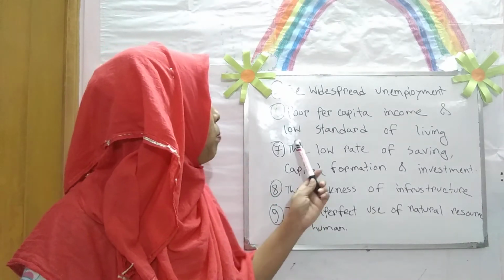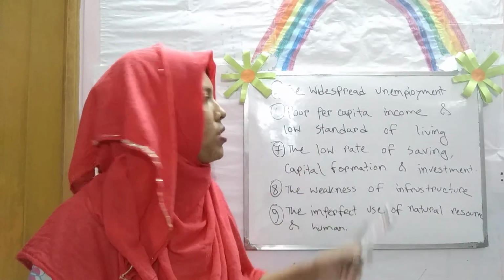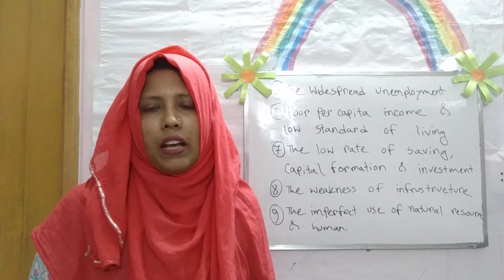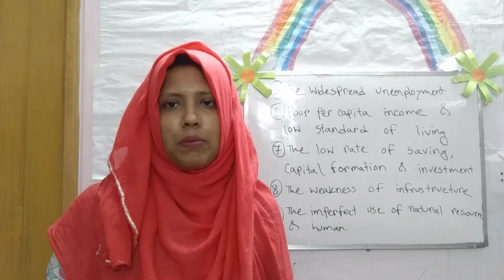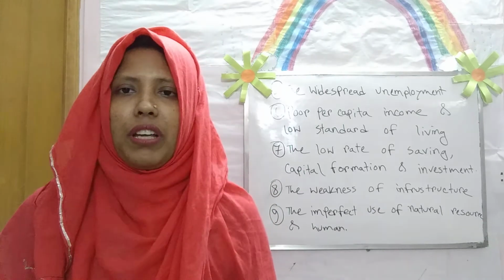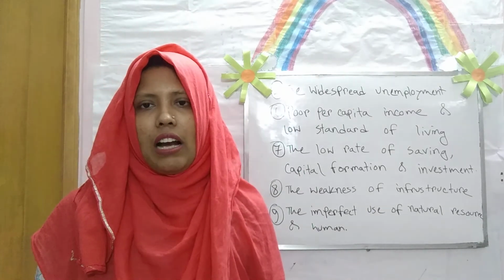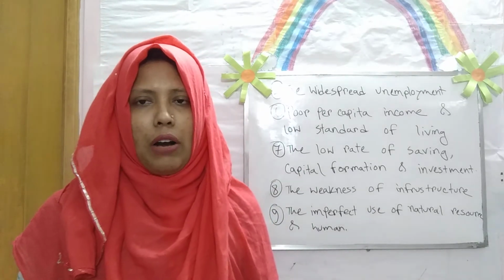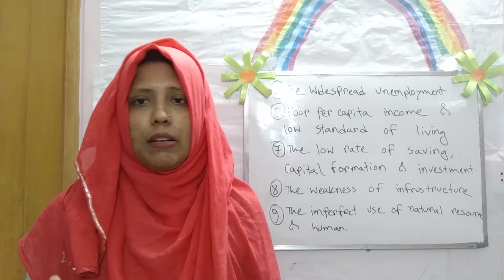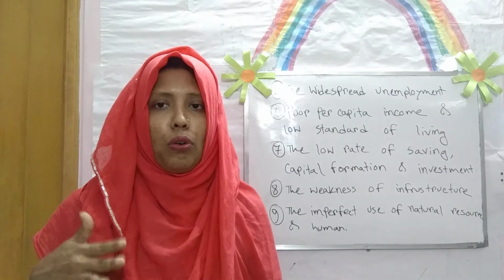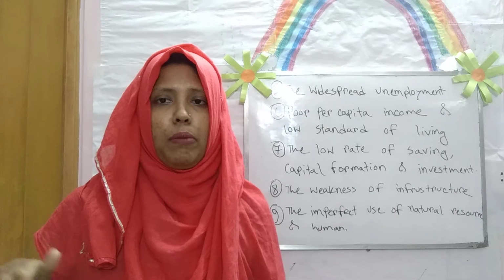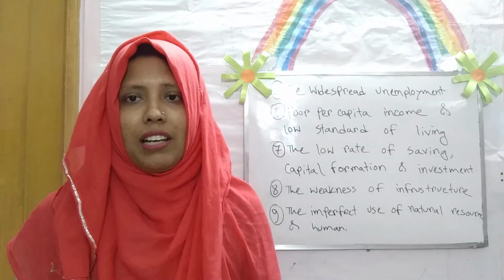After that, poor per capita income and low standard of living. Unlike a developed country, our per capita income is very poor, and our distribution system is not so good, so that people are not properly distributed economically.